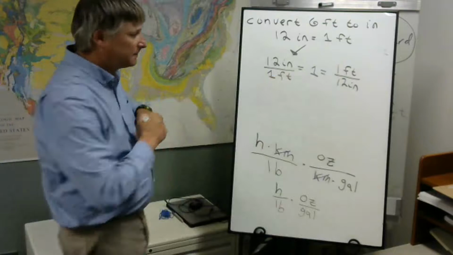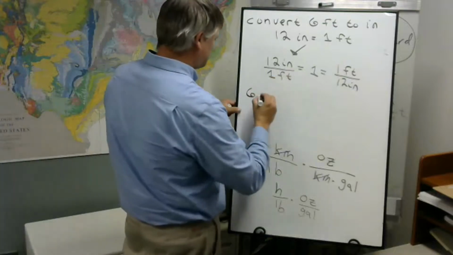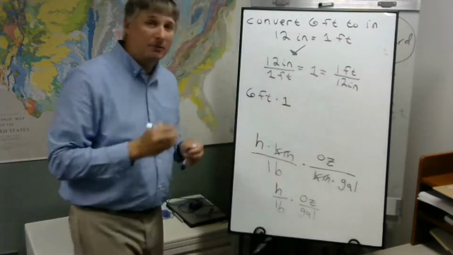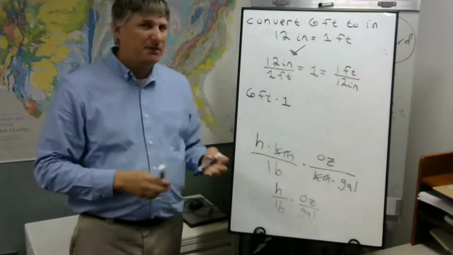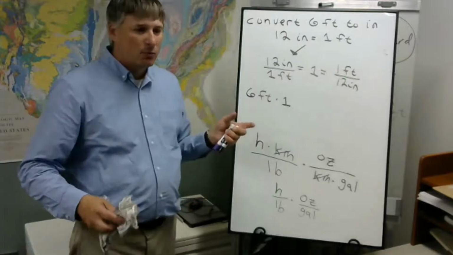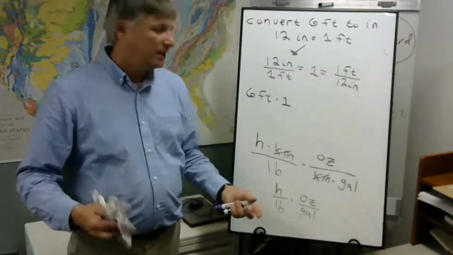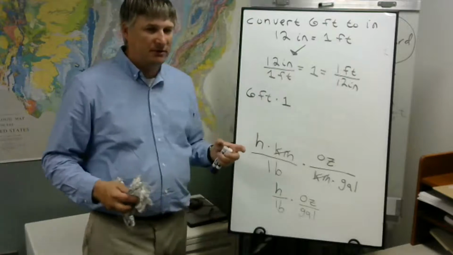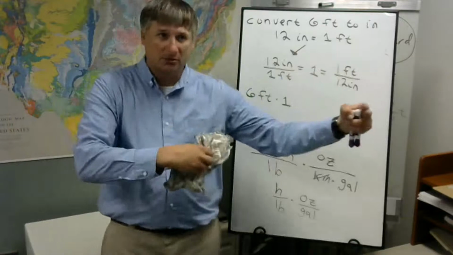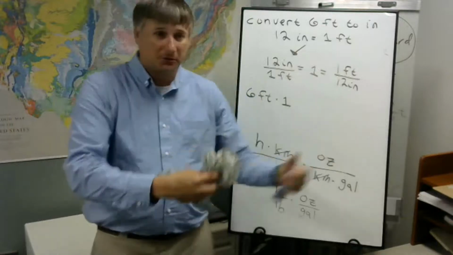So what we can do, let's take our 6 feet. We'll multiply by 1. So here's the key thing with conversions. We're not changing the quantity. We're just changing how it looks. Instead of looking at this distance as feet, we want to look at this same distance, but divided into inches.